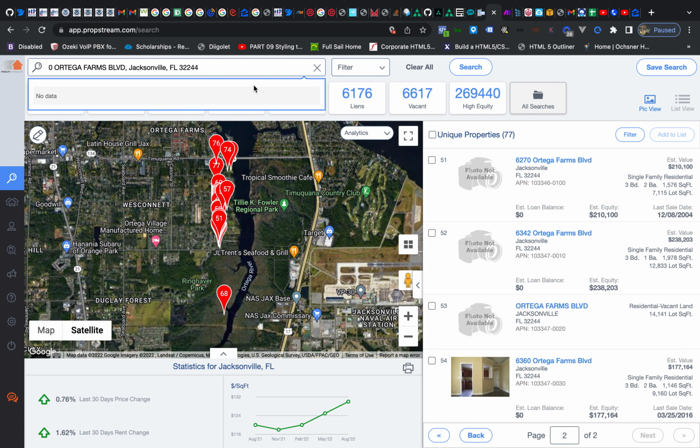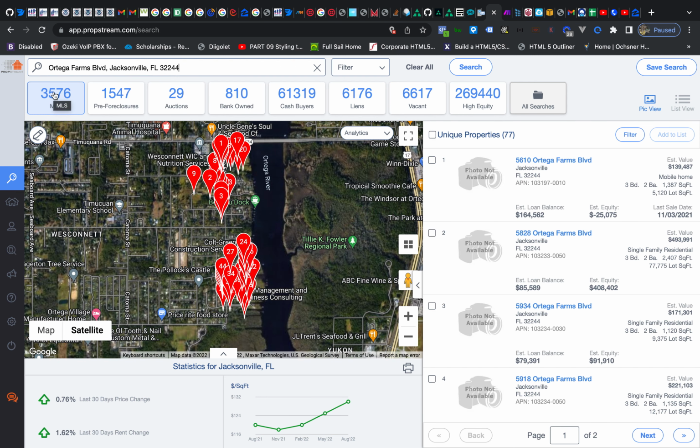It might not be available on PropStream, guys, because we ran through all the lands that they have available, and this one is not coming up. Yeah, it's not coming up. That's fine.